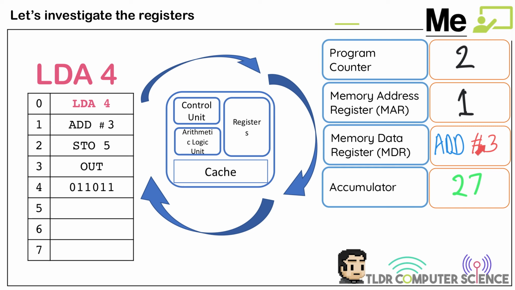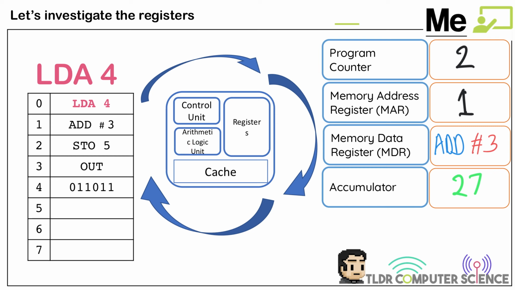Here's how adding works. It takes the value here, it takes the value from the accumulator, and takes them both to where? Which part of this is going to do the adding? In here. Arithmetic logic unit. So it takes the value from the accumulator, takes the 3, it does the add command, and then the result of that, so 27 and 3 is going to give us, where do we put the result? Where do we put the 30?